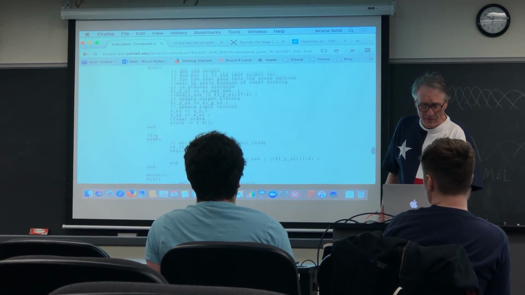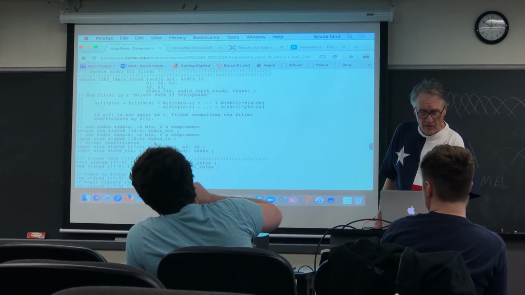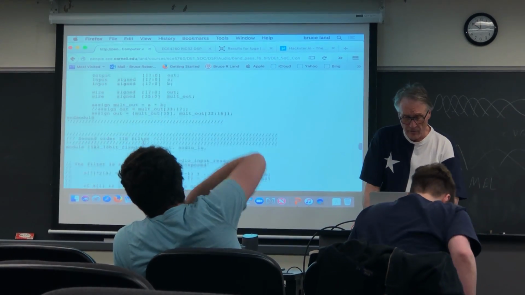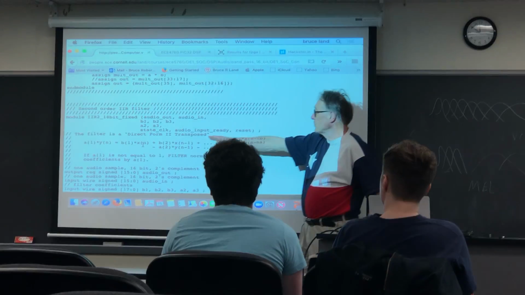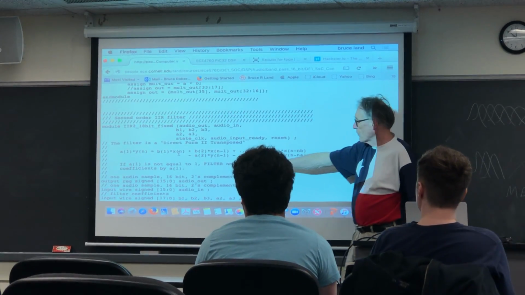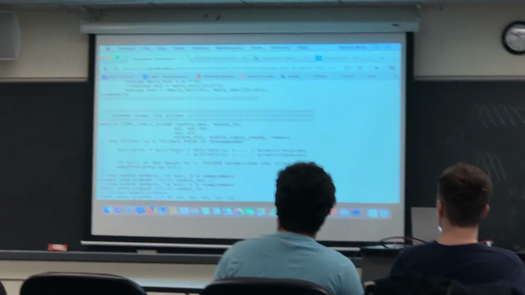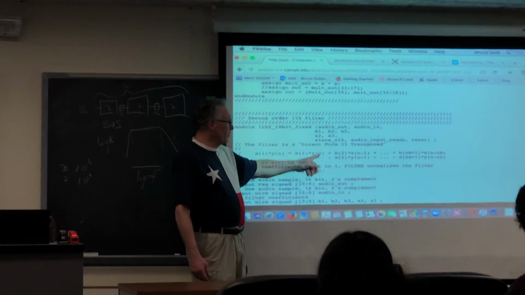So the first thing I did was to make sure I could actually read the channel in and get it back again. So the filter is going to implement the MATLAB direct form 2 transposed that we all know and love from MATLAB, which uses the filter command, where an output value is equal to B1 times X1.